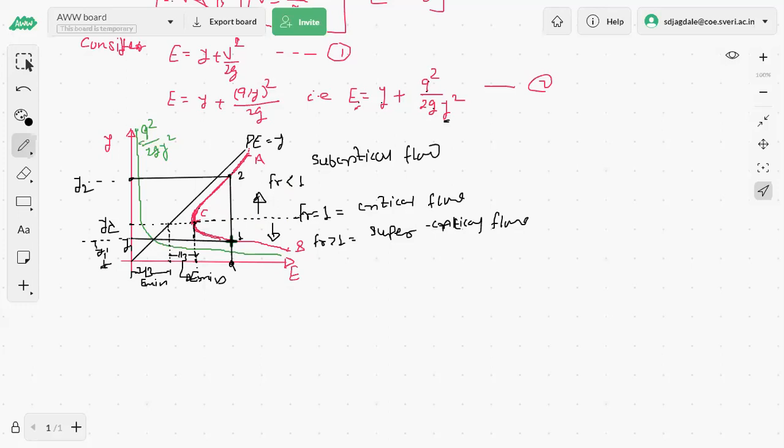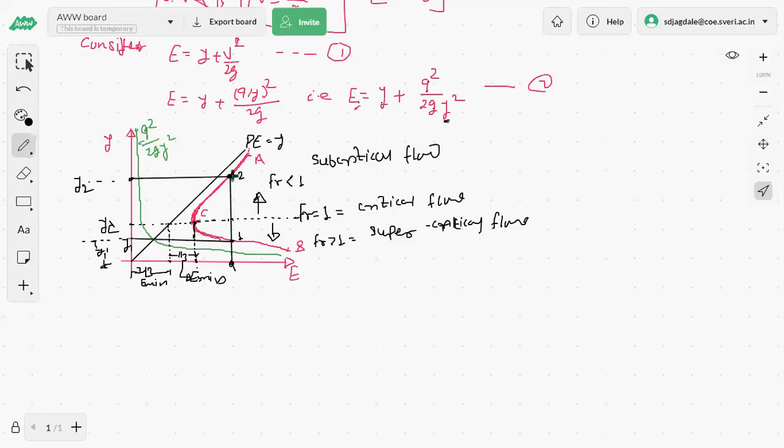At one of the depths, the flow will be supercritical, that is the Froude number will be more and the velocity will be more. That first depth will be less than the critical depth, velocity will be more, and that flow will be supercritical. At the other depth, which is more than the critical depth, that is the second depth y2, the depth of the flow will be much more than the critical depth.